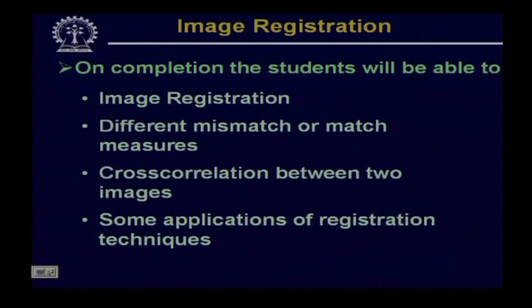We will see what is the cross correlation between two images, and we will also see whether this cross correlation can be used as a similarity measure when we go for image registration. And then we will talk about some applications of these image registration techniques with examples.